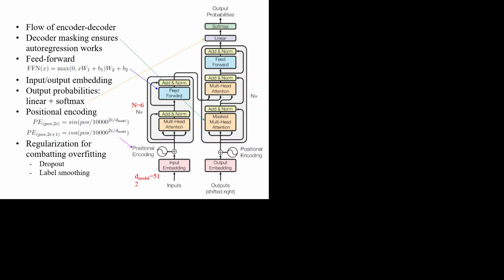So I use these token vectors, go through the linear layer, and finally I do a softmax.